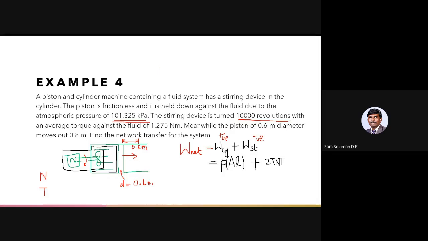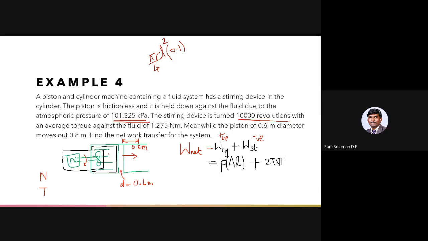The volume of the fluid here, let's say it has moved to 0.1 meter. So it is pi by 4 d squared into 0.1. Let's say that is the initial volume, for an example. That is the volume of the cylinder.